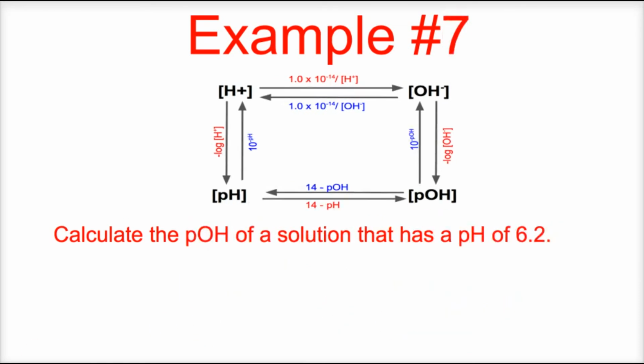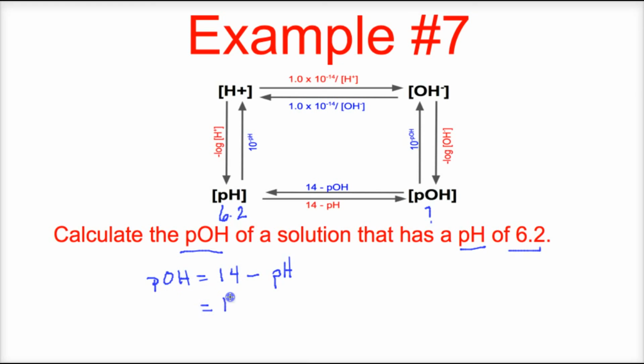All right, we're going to save the easiest one for last. It says to calculate the pOH, we want to know the pOH of a solution that has a pH of 6.2. So if the solution has a pH of 6.2, we want to know what the pOH is. And so to get the pOH here, we'll simply take 14 minus the pH.